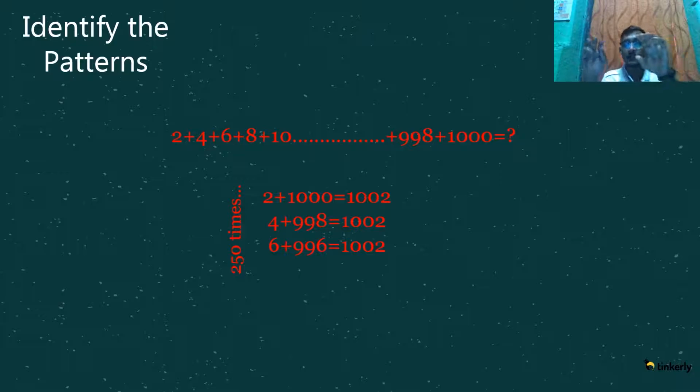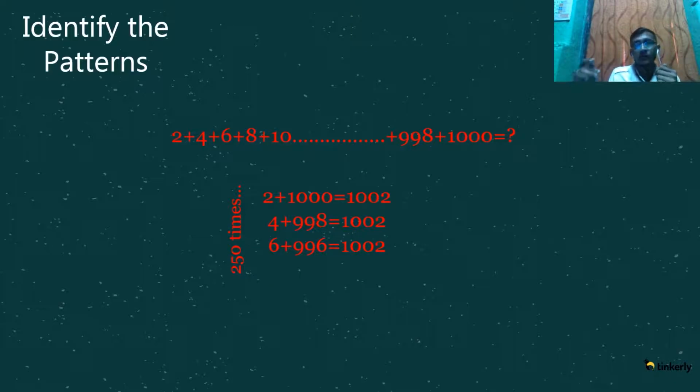So how much is it? 500 and 502? 1002. So how many times will you need to reach 500 and 502, the last pair? You will take 250 times, and if you add those values, you get 1002.